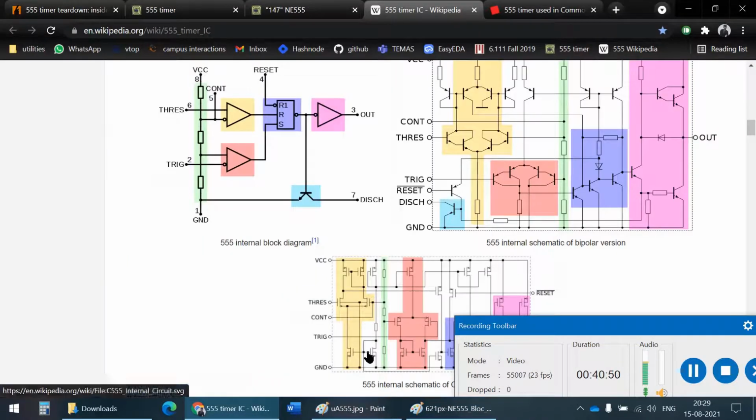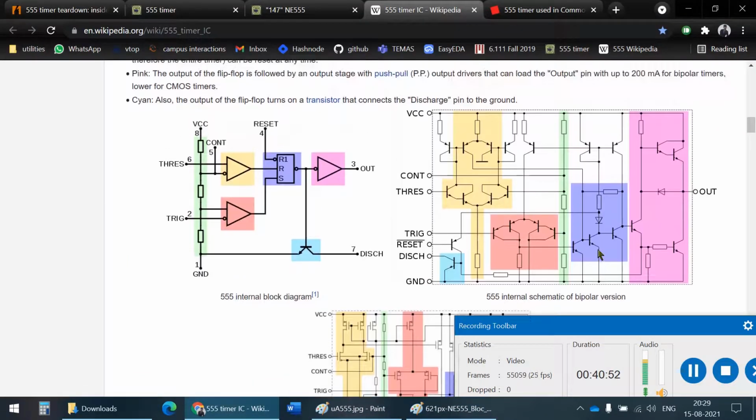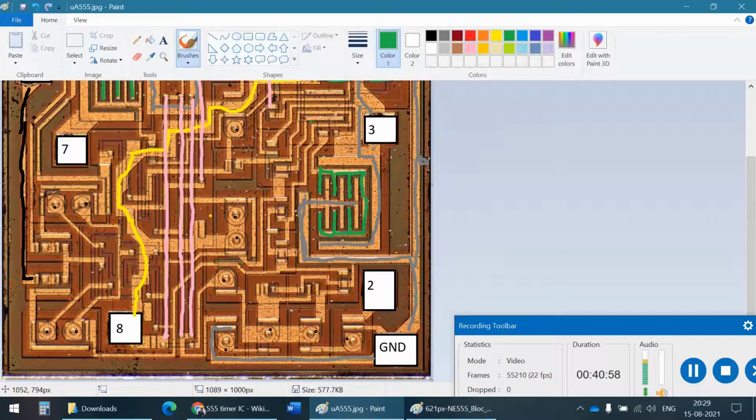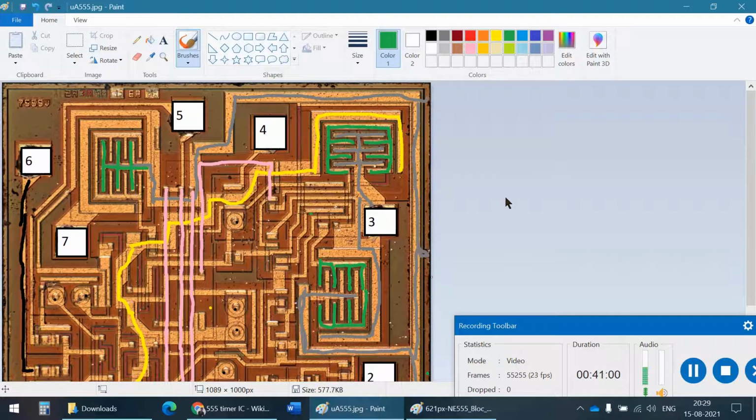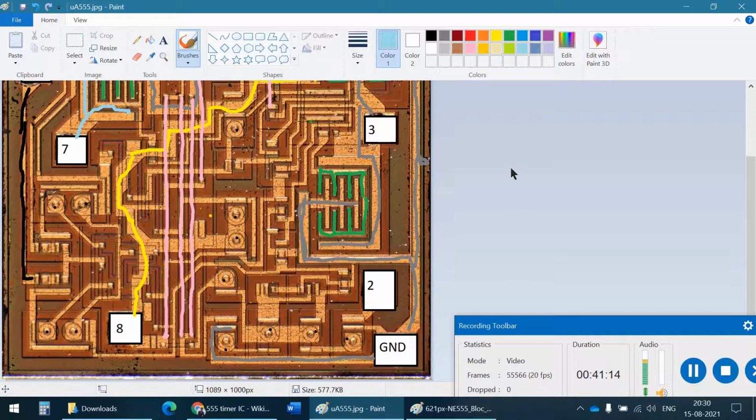So I think this is not bad. We've done pretty well. We've identified quite a few components. This is my first circuit, my first die shot, so I don't expect too much more. I'll just go ahead and mark out other things we have identified. We identified this transistor Q14. We identified all the pins.